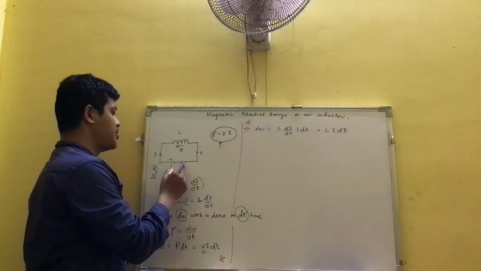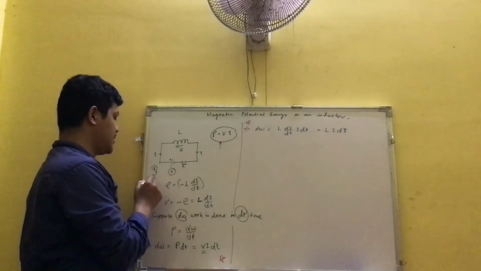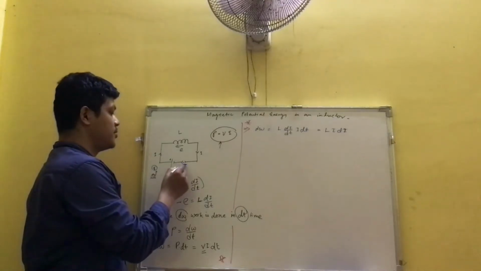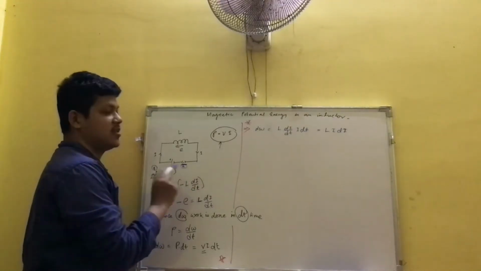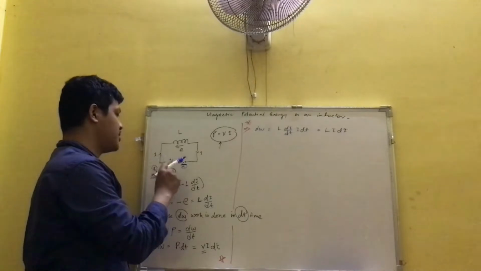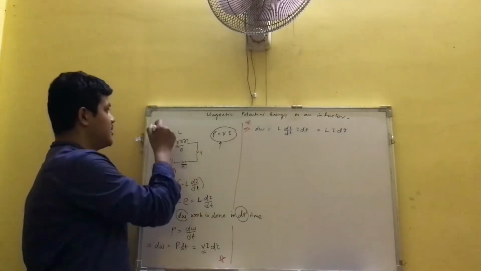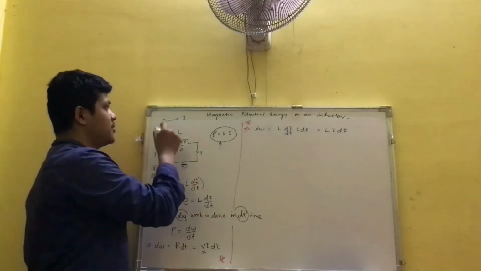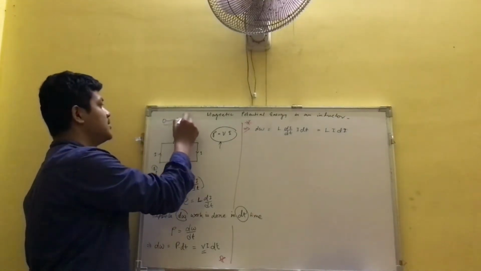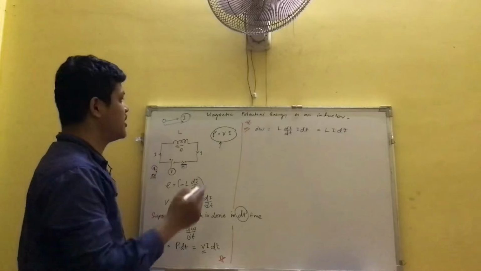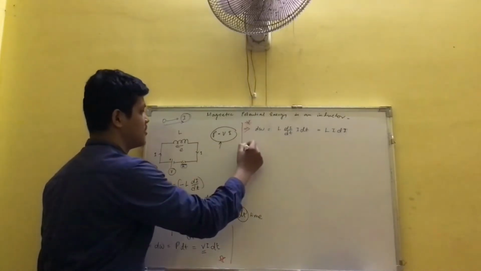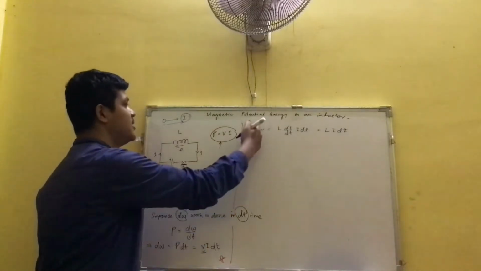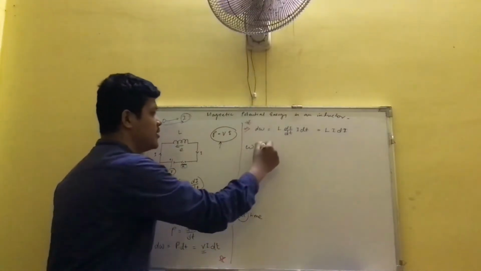As soon as you switch it on, the current increases from 0 to I. So the total work done can be obtained by integrating dW.